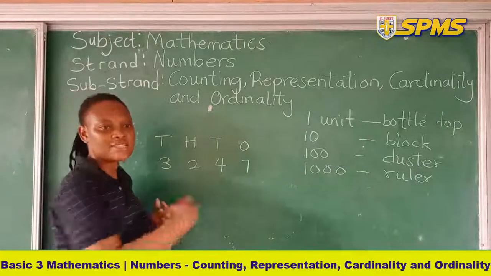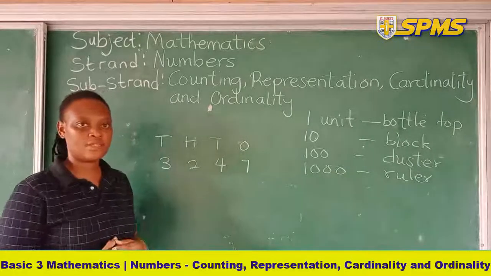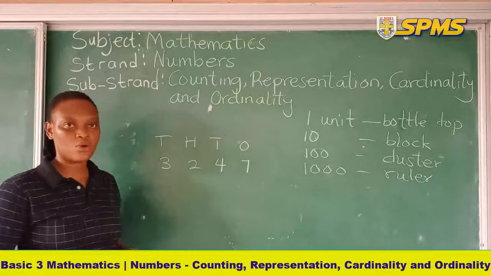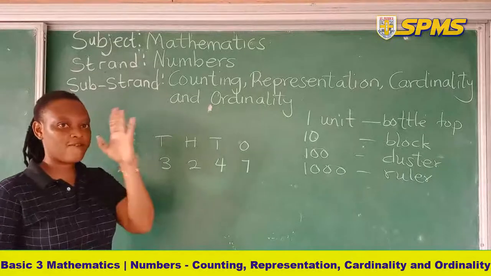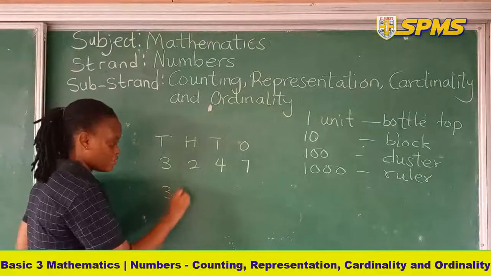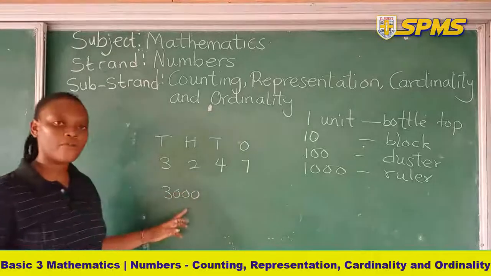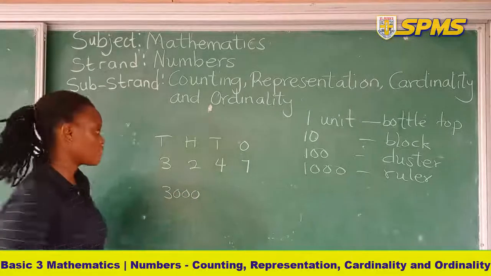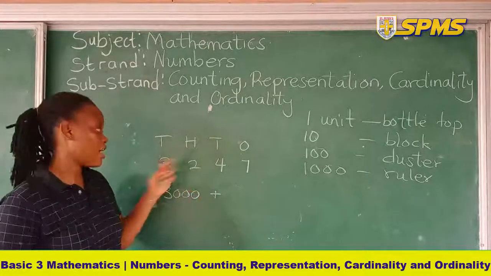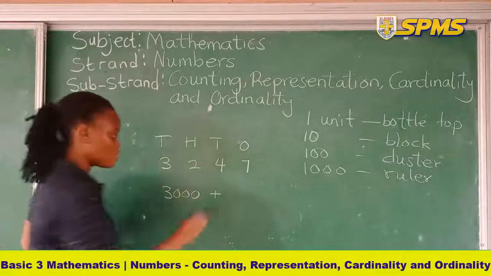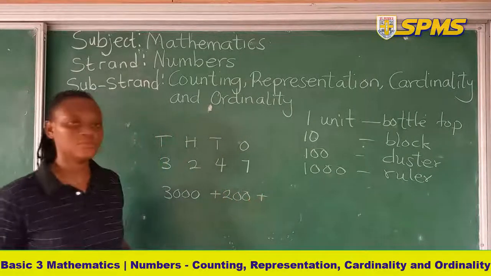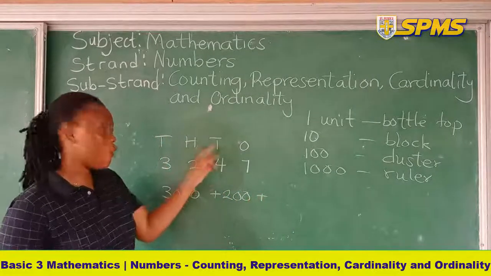Now let us expand these numbers. 3 is under the thousands column. Therefore, we have 4 numbers. So we have 3 and then 3 of the zeros. And then we move on to the hundreds column. We have 2 of the hundreds. So it becomes what? 200. I have 4 of the tens.